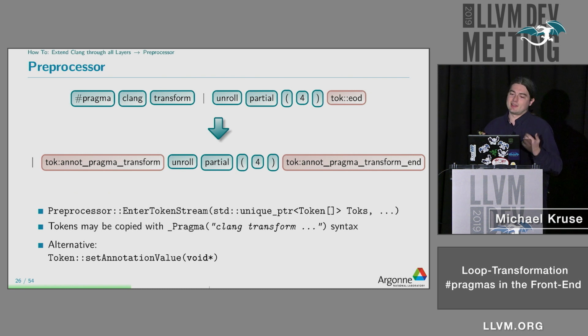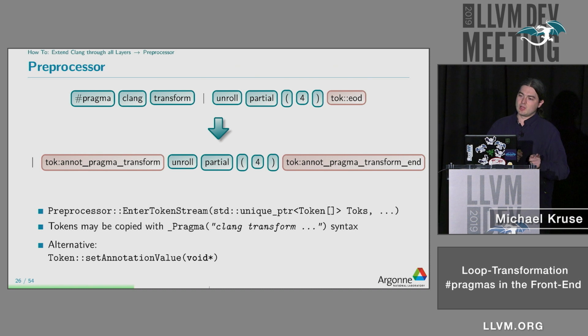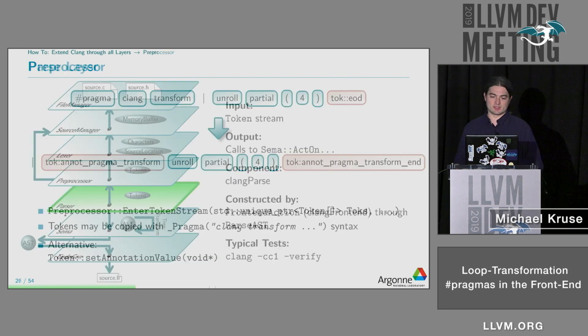So we can't, it might be at multiple locations. What you do then is push back the new tokens, the annotation tokens and your other tokens, to the token stream, such that the parser, when it continues parsing, will read your new tokens.